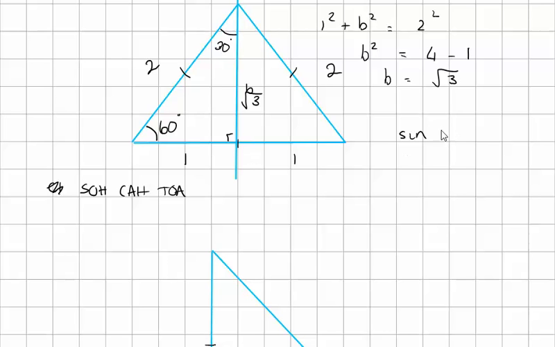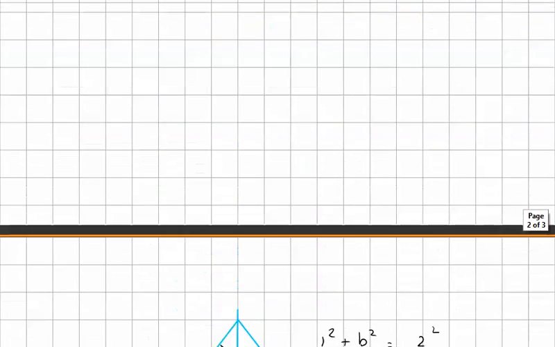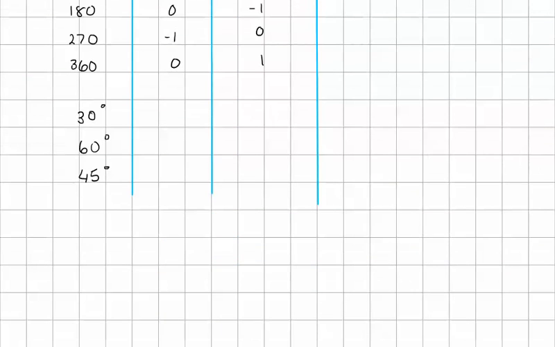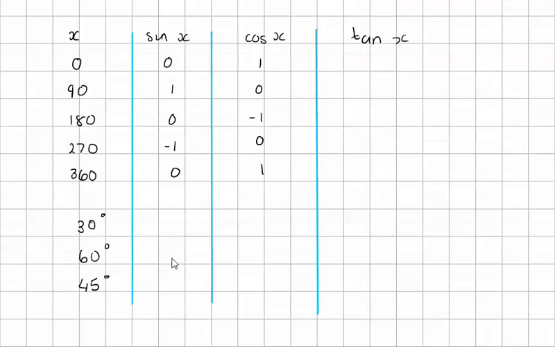So I know that sine of, let's take 60, is equal to opposite over hypotenuse, which in this case would be root 3 over 2. That's the one thing we wanted to do. So up here, we can now fill in our triangle. Sine of 60 is root 3 over 2. Something to remember.